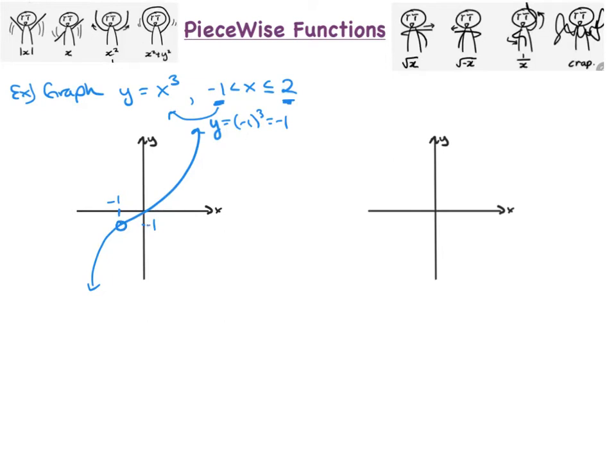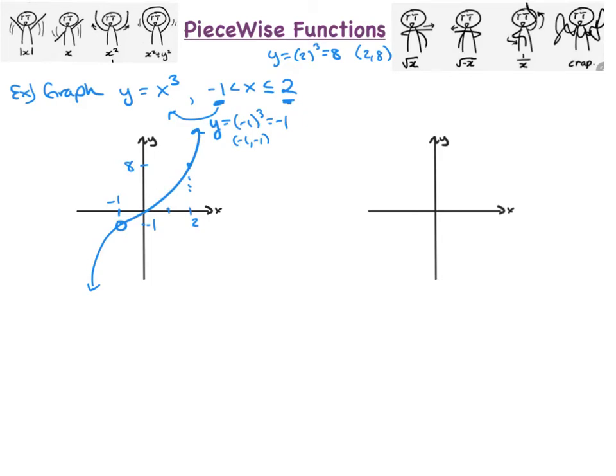For the other point, y equals 2 cubed gives me 8. So I have the ordered pairs negative 1, negative 1 and 2, 8 as the starting point and ending point of this graph. So 1, 2, let's say this is 8.